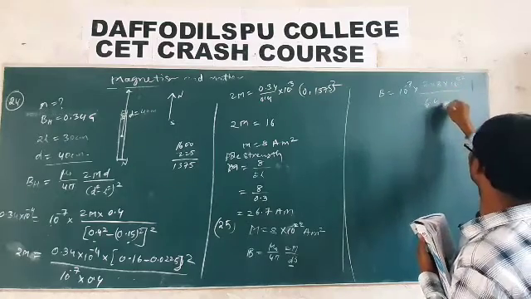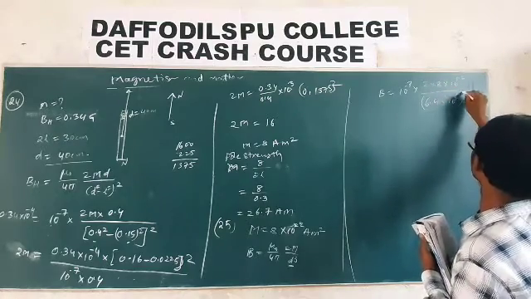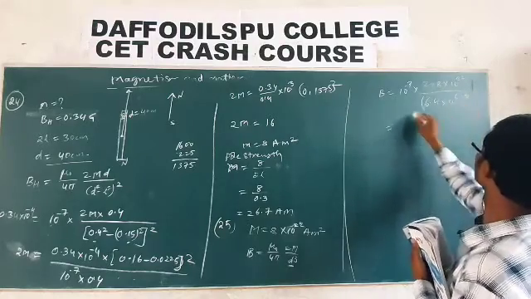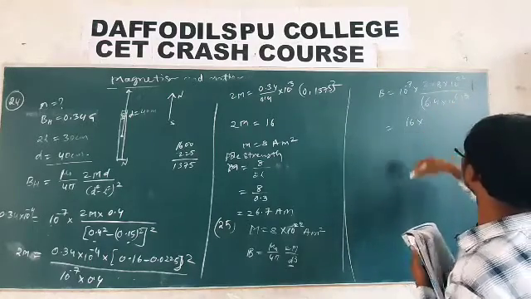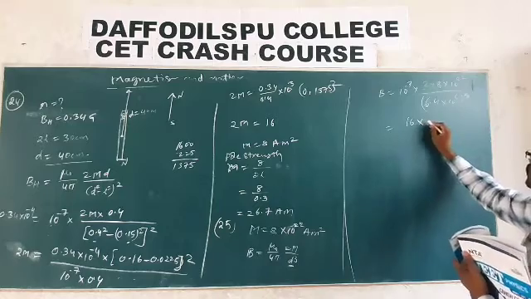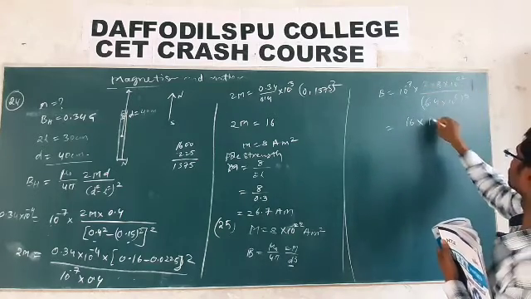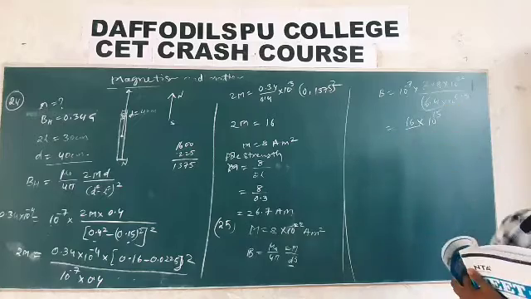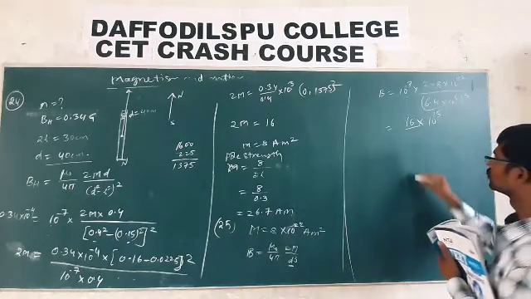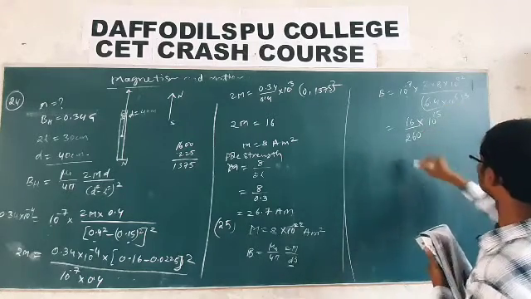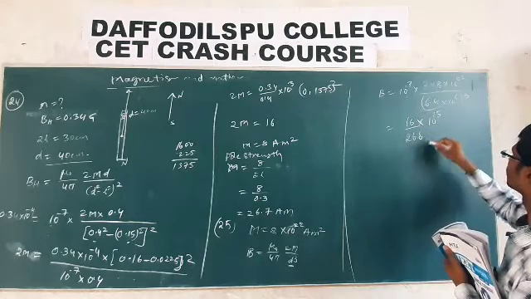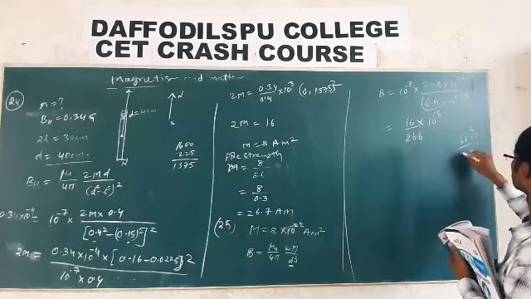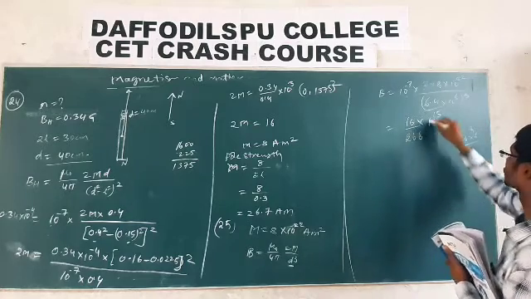So 3 by root 3 is equal to tan theta 2 by tan 30, where tan 30 is 1 by root 3. Root 3 times tan theta 2 is root 3 into 1 by root 3, which is 1, so theta 2 is 45 degrees.